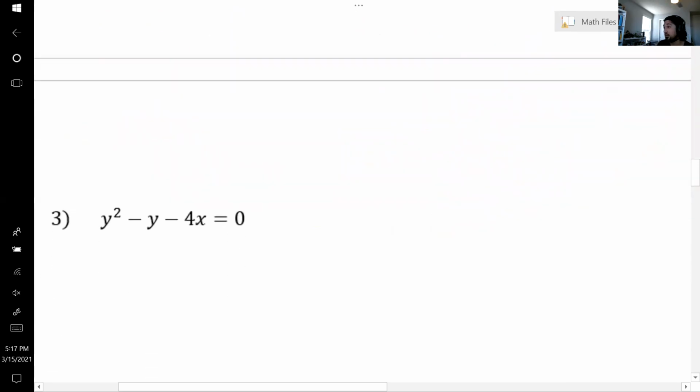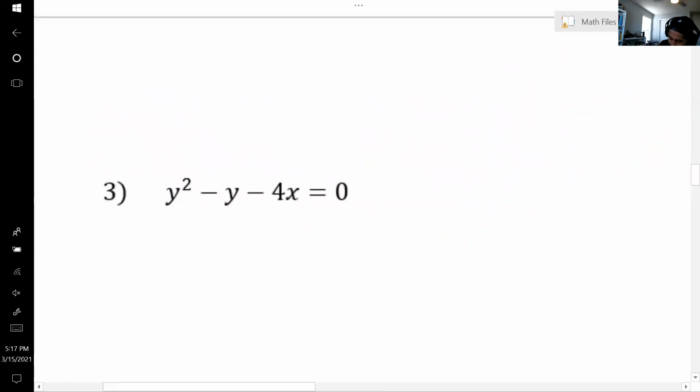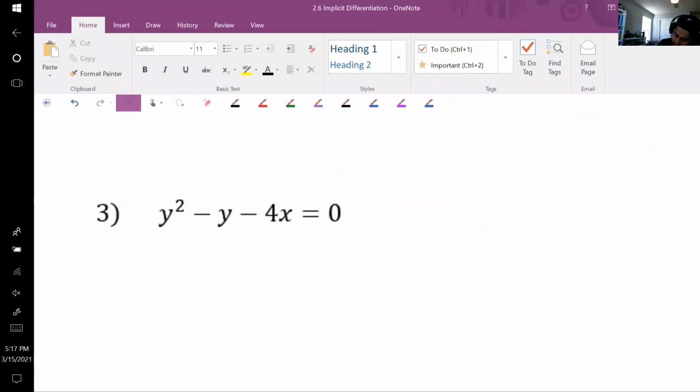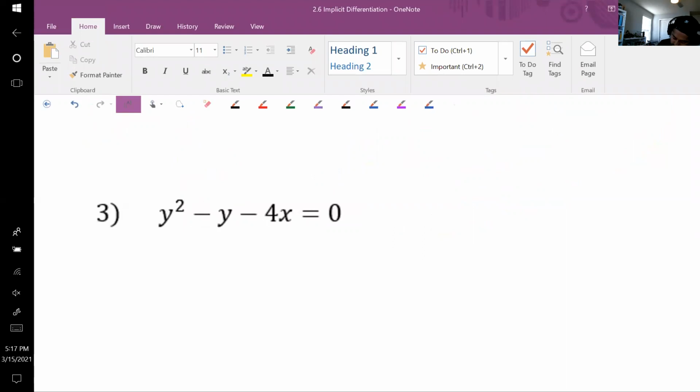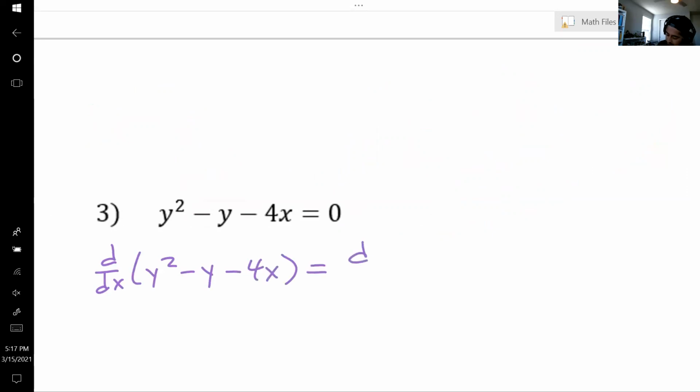All right. Well, let's try it again. Number 3. Do the implicit derivative. So say d over dx of y squared minus y minus 4x equal to d over dx of 0.